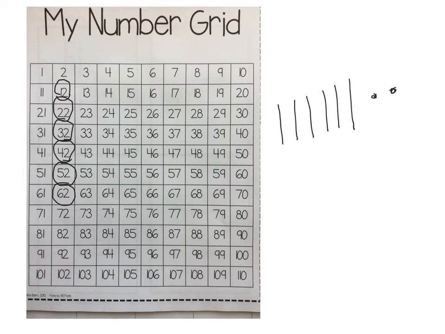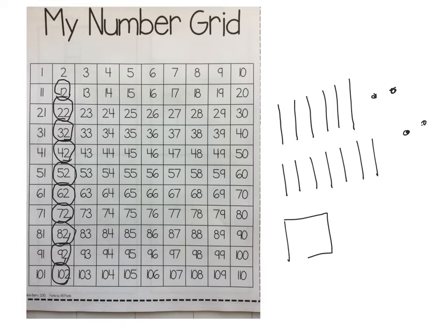So there would be 6 talls and 2 smalls, 72. Just adding another 10, another tall, and the ones stay the same, our 2 smalls. 82, 92, and 102, which would now become a flat and 2 smalls.